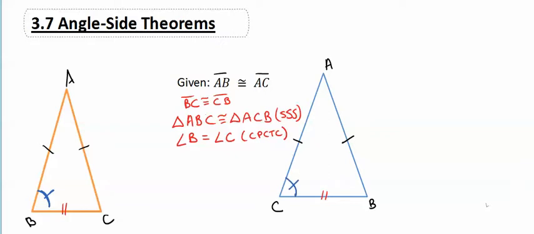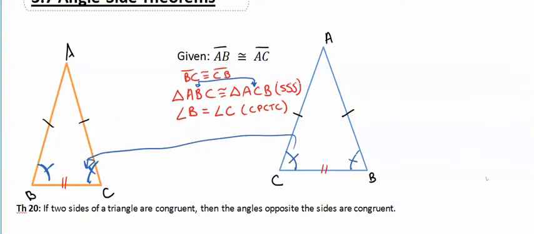Again, when we talk about corresponding parts, the B corresponds with the C in this case. And since C is going to be the exact same over here, we know that B and C will be congruent in both triangles, and that will lead us to our first theorem.